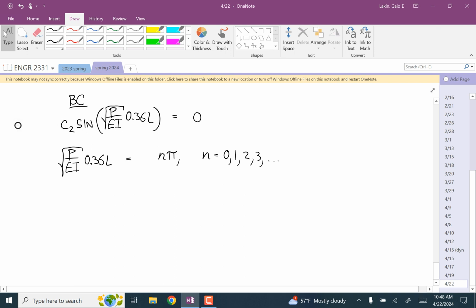And now we'll square both sides. P over EI times 0.1296 L squared is equal to n squared pi squared.